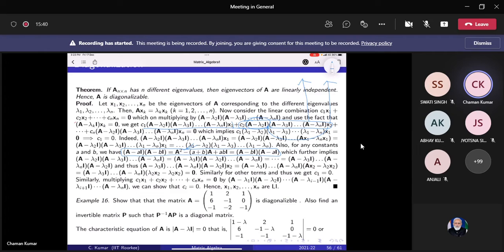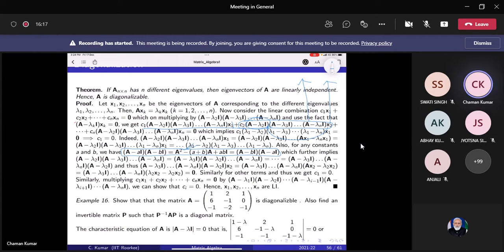So that means you can interchange the product. The initial product is A minus lambda 2 I into A minus lambda 3 I and so on up to A minus lambda n I. So you can write this as A minus lambda 3 I and so on up to A minus lambda n I, and lastly it will be A minus lambda 2 I, and then you have x2. So then this x2 will come inside, so you will have A x2 minus lambda 2 x2, and that makes the product 0.